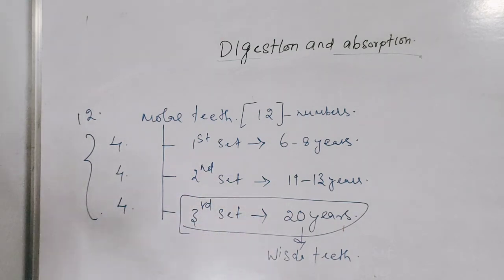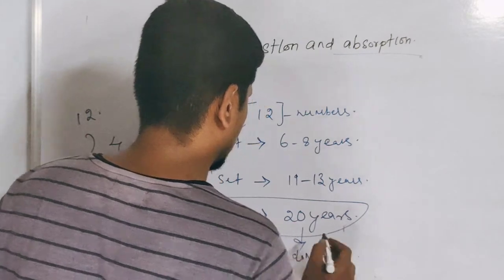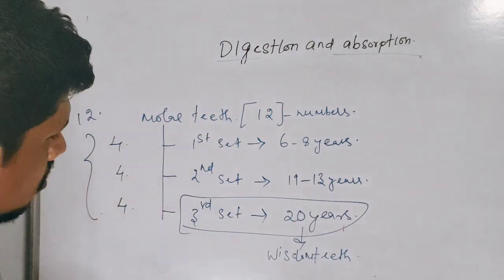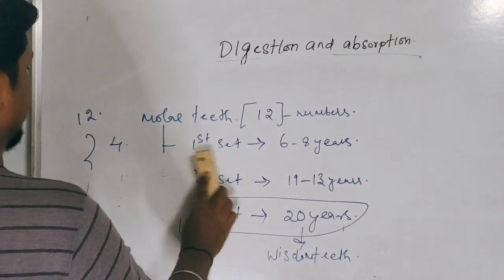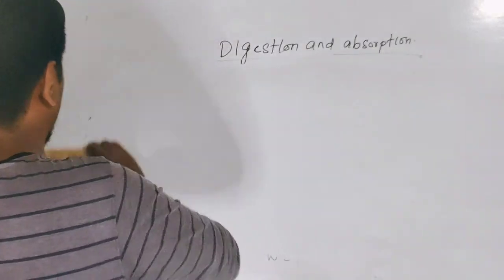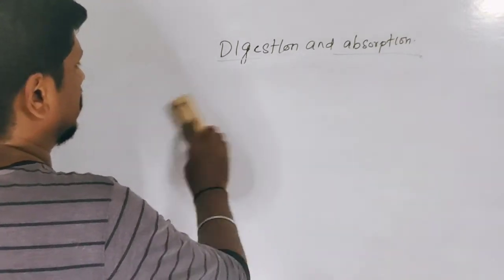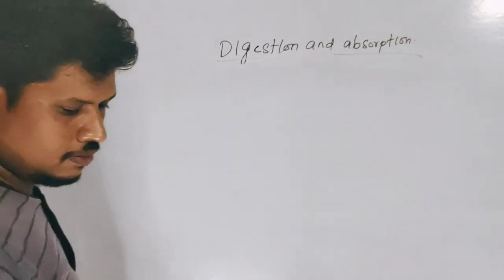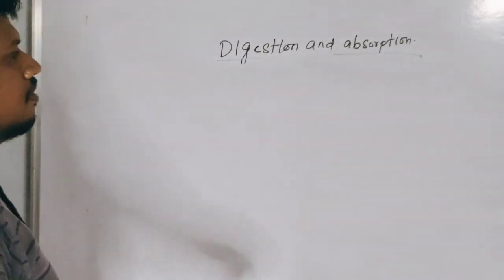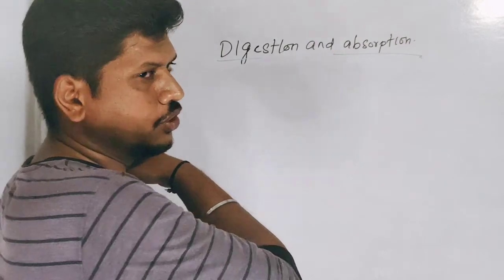We consider them as wisdom teeth. I think the mouth part is over. Next part we are going to start is the esophagus.